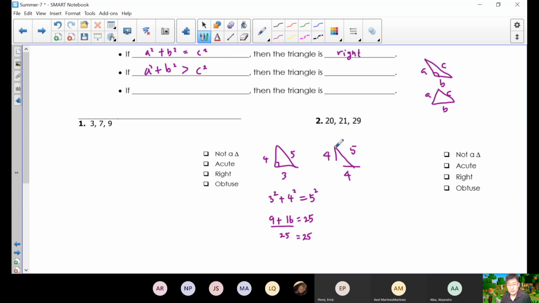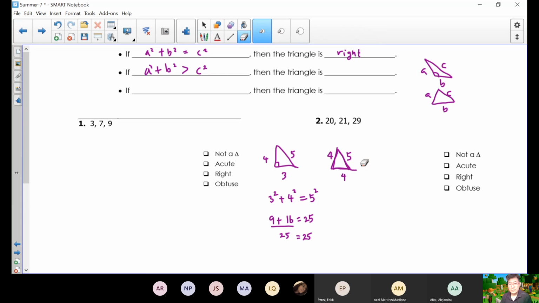Let me explain one more time. This one is like this, 4. I have another 4, and I have a line like this, 5. This is an acute triangle, right?